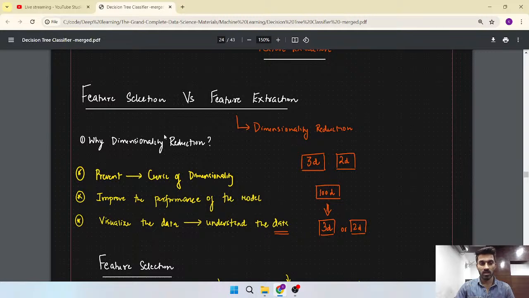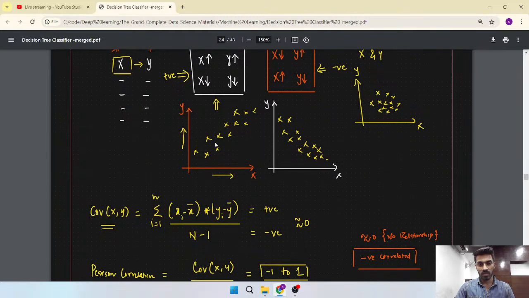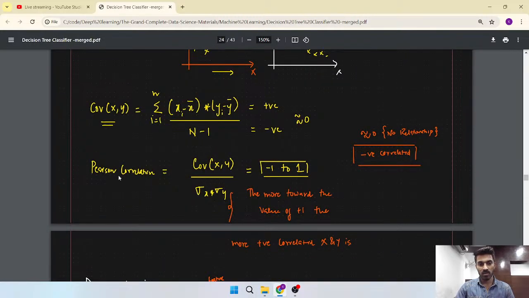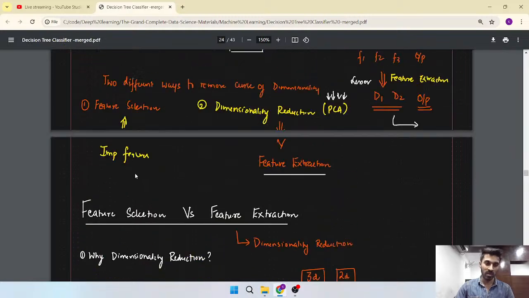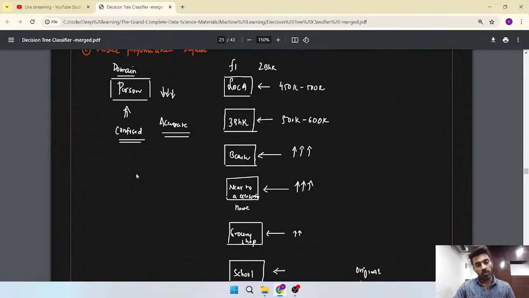Feature selection uses covariance and basically the Pearson correlation coefficient. So you have to find the correlation coefficient. If you get a correlation coefficient greater than 0.9, that means you are getting a correlation greater than 90%, so that feature is not required. They are very highly correlated features.